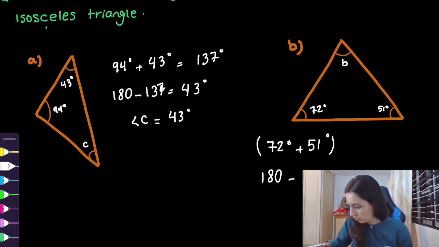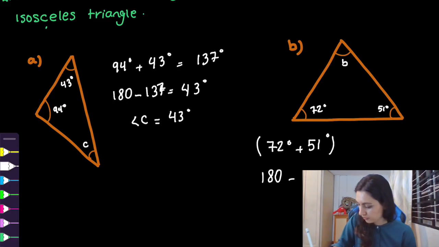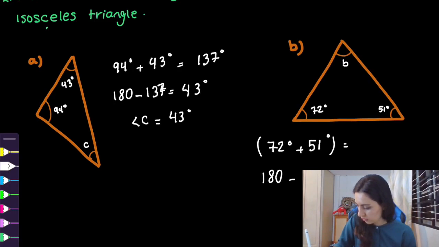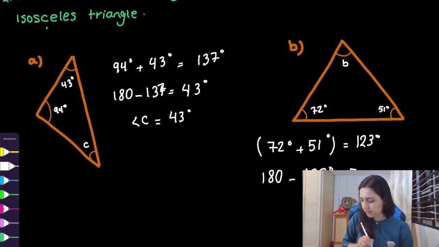So 72 plus 51, you get 123. 180 minus 123, you get 57. Do we have any 57 degrees angle? No, we don't.